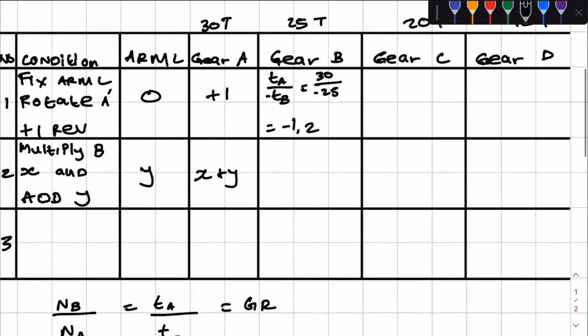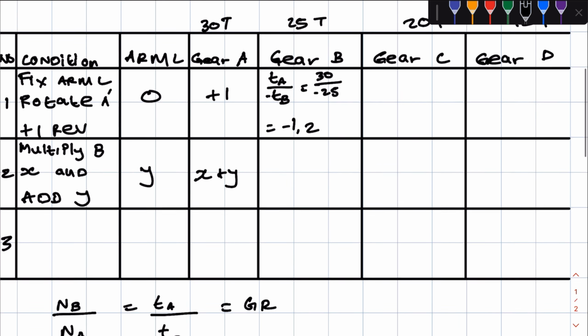NC is equal to 1.5x plus y, so we are correct. This is equal to 1.5 times x, which is 3.25, plus y, which is 6.5. If you punch this in your calculators, you're going to get 11.375 revs per minute. Because it's positive, it means this is going clockwise.